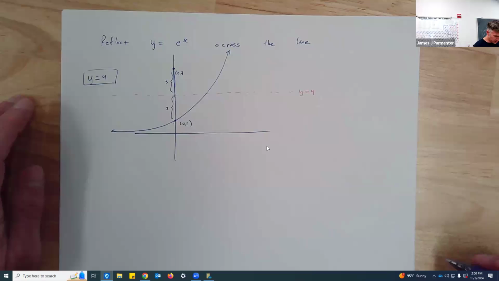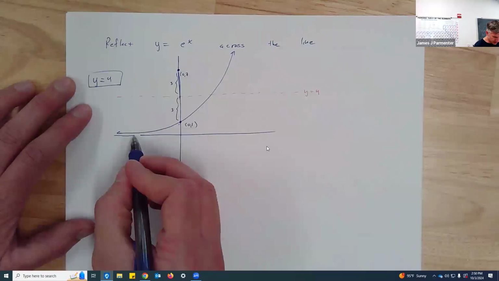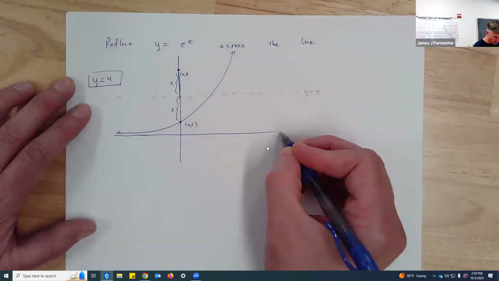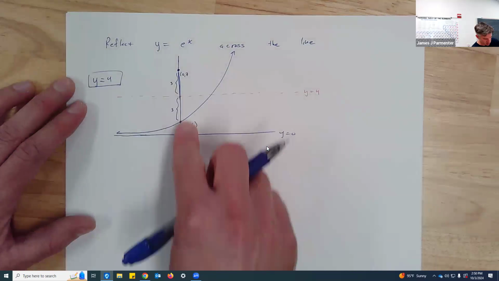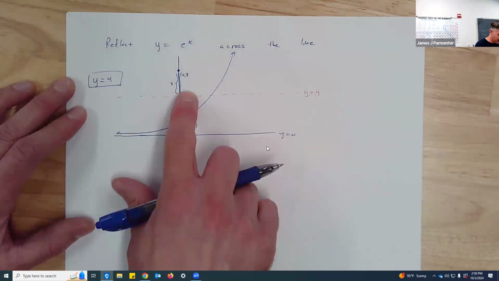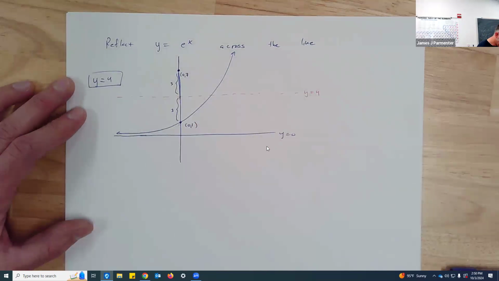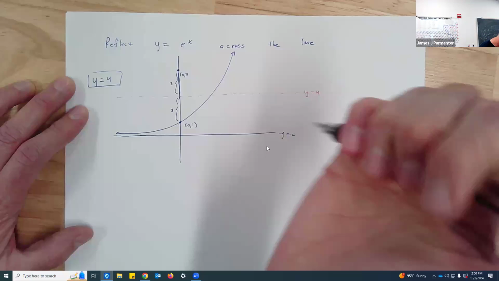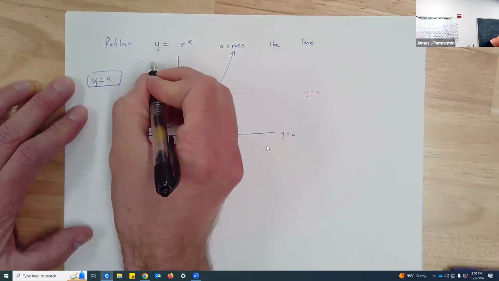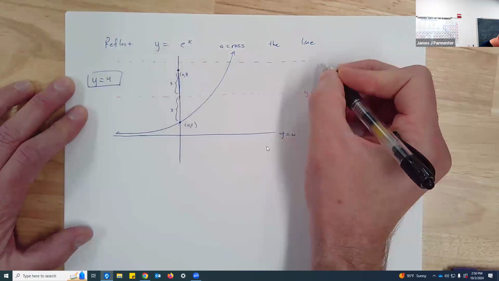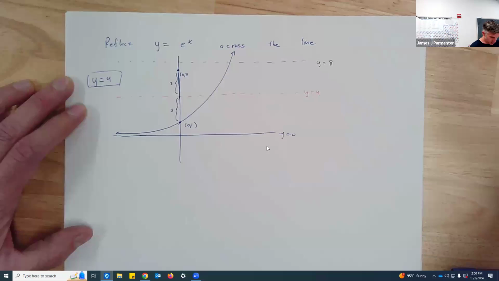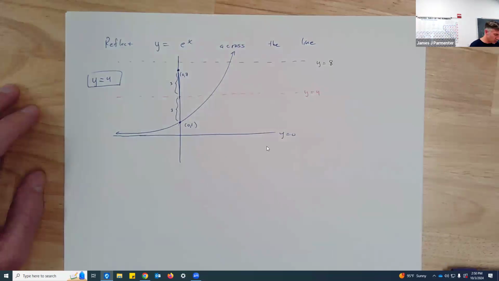And then the horizontal asymptote that was at y equals 0 was 4 below the line of reflection. Now it's going to be 4 above the line of reflection at y equals 8. So my new graph, which I'll draw in green.